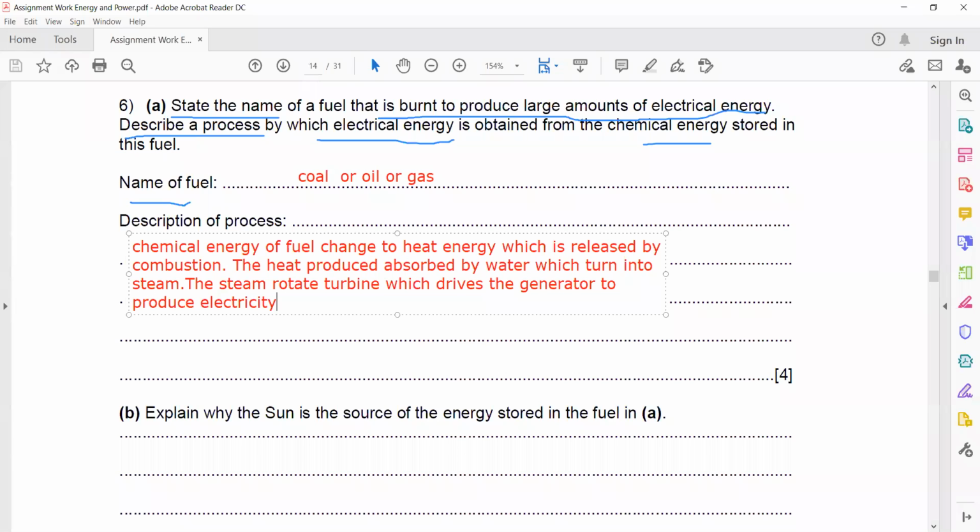So uranium is not burning, it's nuclear. If the question was, name a fuel which can undergo a nuclear change and produce a large amount of energy, in that case you can mention uranium. But right now in this question, uranium is not the right answer. You can mention any of the fossil fuels: coal, oil, or gas.